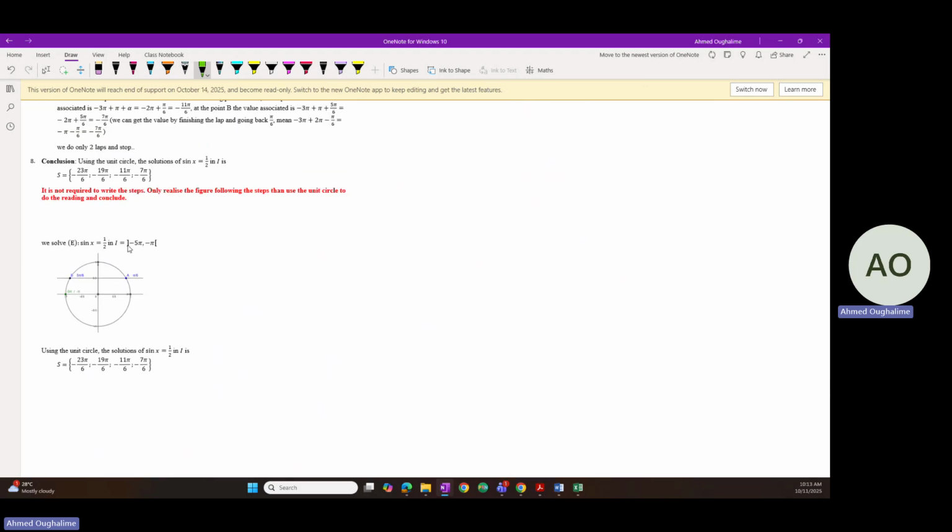It means you draw the unit circle, you draw the line of equation y equals half, you find the points A and B, you find a value associated with each of these points, and the points corresponding to A and B, the edges of the interval we are solving in. Then you do the reading, and you simplify your numbers straightforwardly. This is what we expect from a student using the unit circle to solve an easy equation like this one.